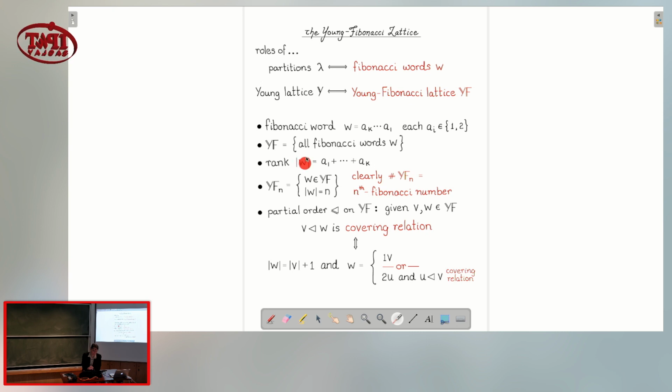So the rank of such a Fibonacci word will just be the sum of its digits. And so if I declare YFN to be all of those Fibonacci words which have rank n, a moment's reflection leads you to understand that the cardinality of this set is just the nth Fibonacci number. So hence the use of the adjective.